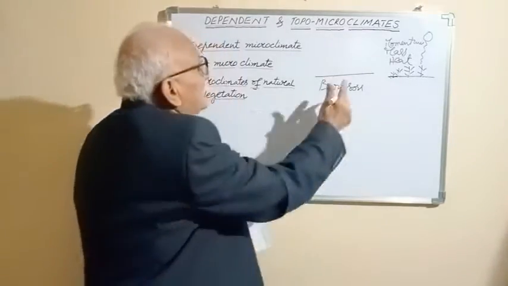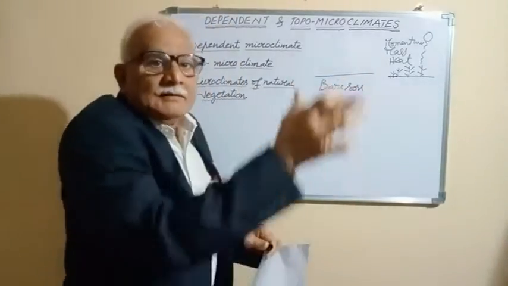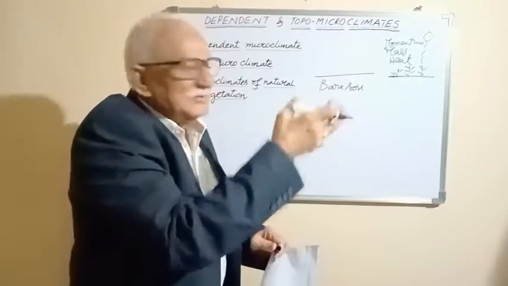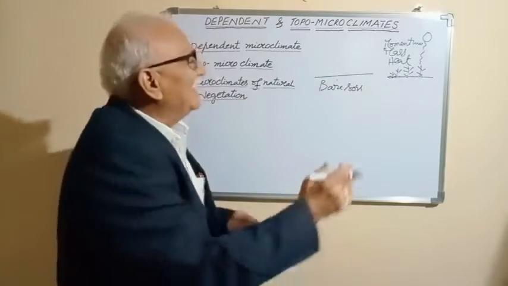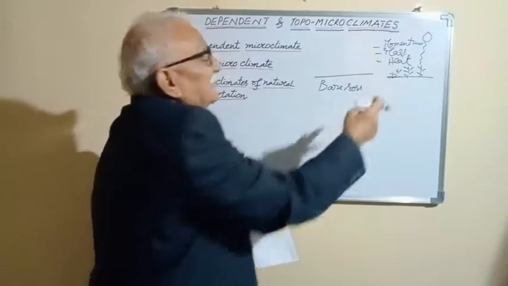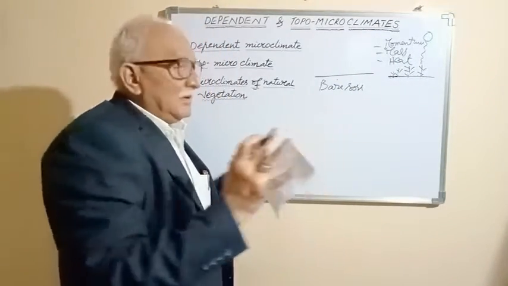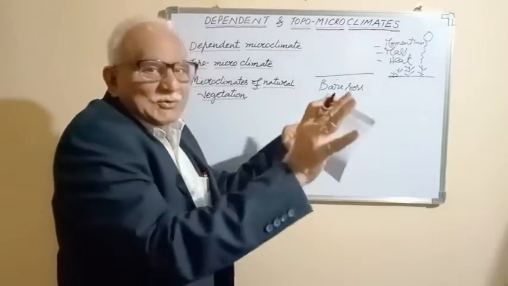Now that means in the bare soil, the direct solar radiation enters into the soil. Here, as the crop grows, these fluxes, momentum flux, mass flux, heat flux start. That means the crop is influencing the microclimate.